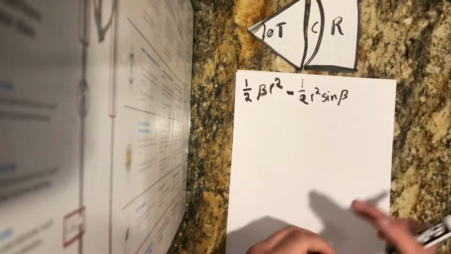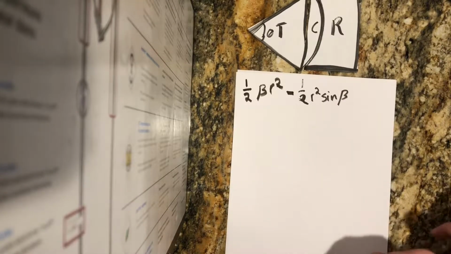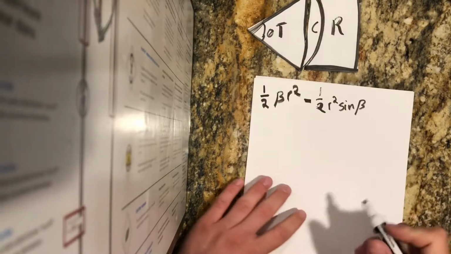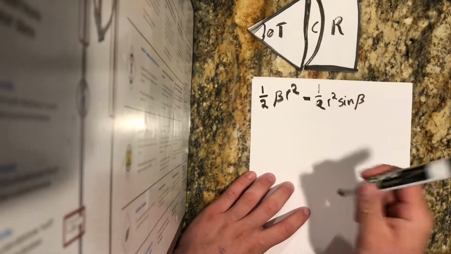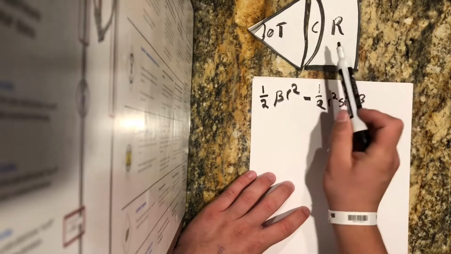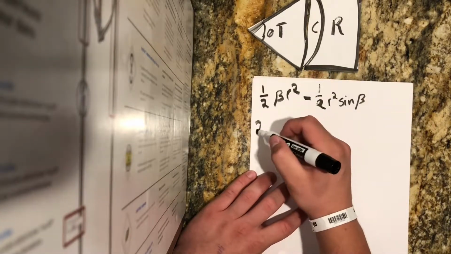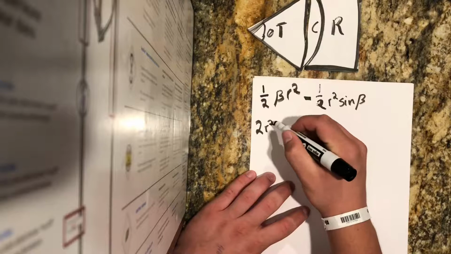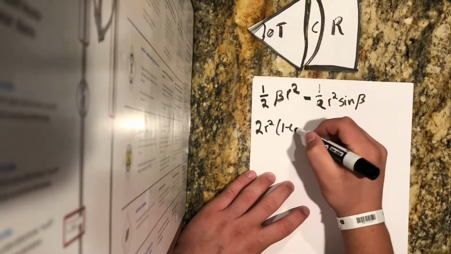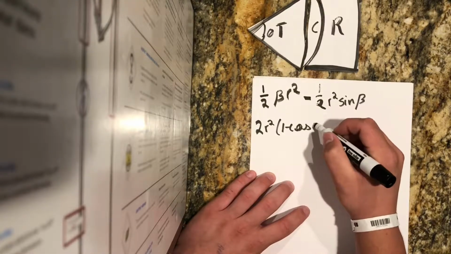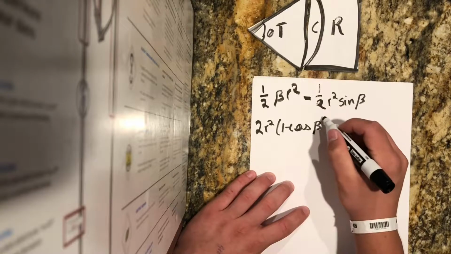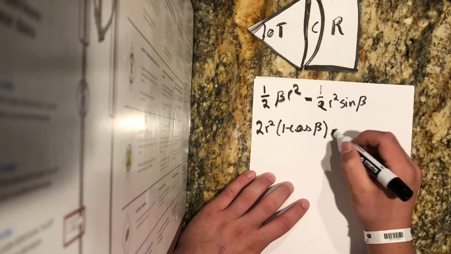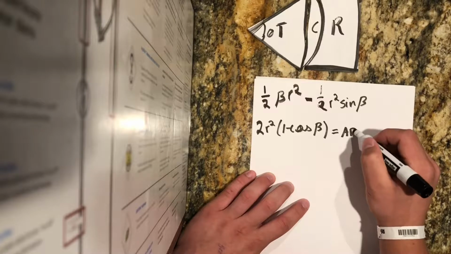But now we're looking for terms of R. So we have to find the area of R. The area of the square is going to be equal to 2R squared times 1 minus cosine beta, which is equal to AB squared.